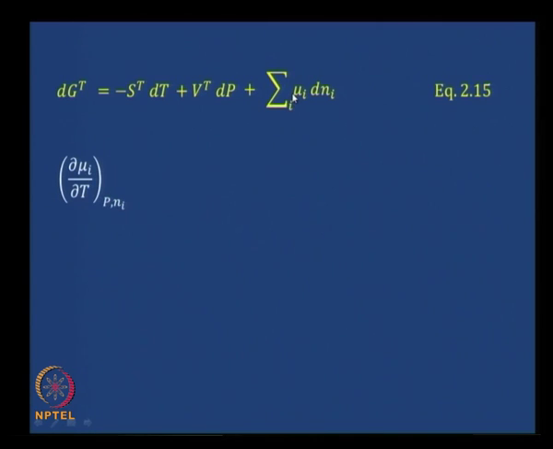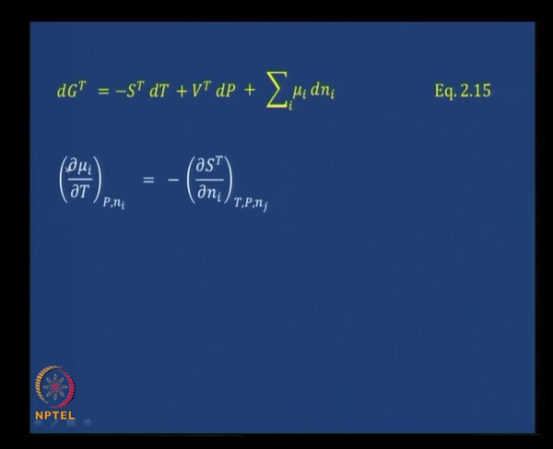So, let us take one of those, ∂mu i/∂T at constant P and all ni equals minus ∂St/∂ni at constant T, P and all nj's apart from this ni.